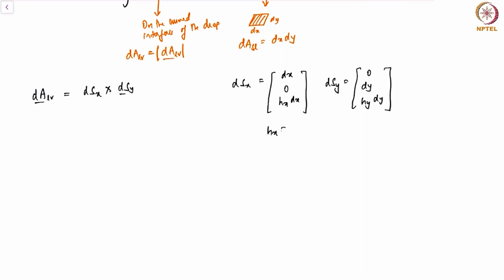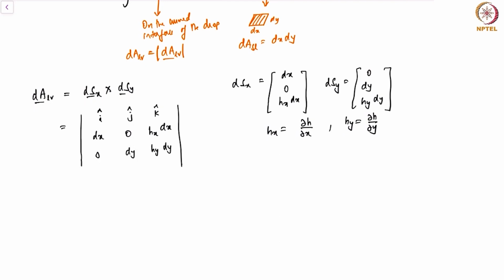So here Hx is nothing but del H by del x, and Hy is del H by del y, and therefore I can now write down the area of this quantity as a cross product, that is i j k, dx 0 hx, dx 0 dy, hy dy.